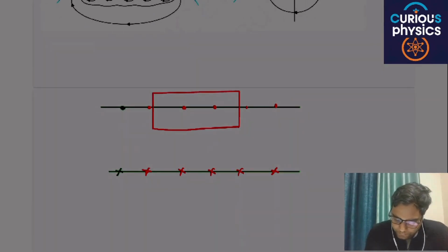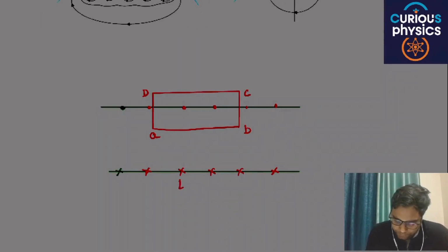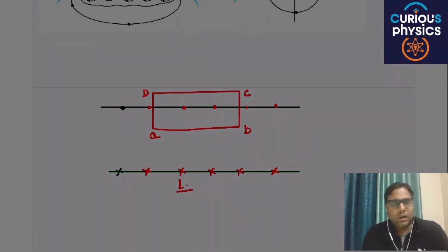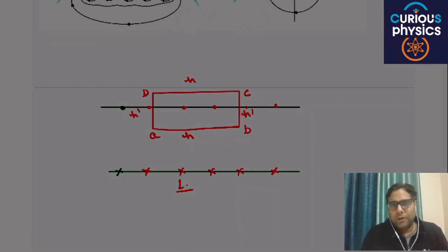These points are A, B, C, D. This is the amperian loop, and L is the length of the whole solenoid. Let's say H is this length, and this is also H outside. Outside it can be anything, so let's say this is H dash, and this is also H dash. Are you able to get my point?